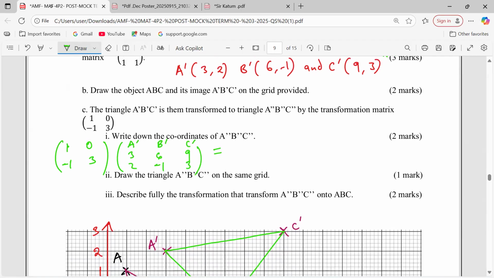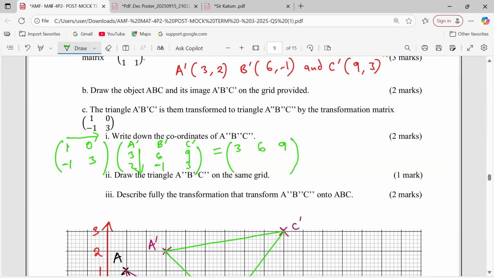As usual, row times column gives us the elements. So this row times the first column here: 1 by 3 and 0 by 2. This shall give us 3 plus 0, which is just 3. The next shall be 1 by 6 and 0 by negative 1, giving us 6 plus 0, so 6. And finally, we have 1 by 9 and 0 by 3, giving us 9.